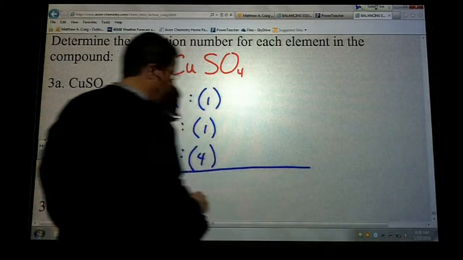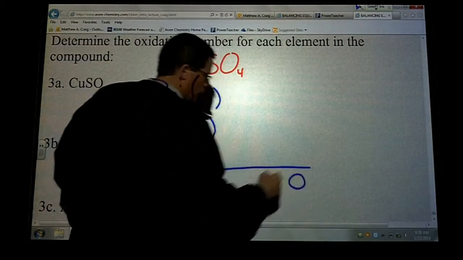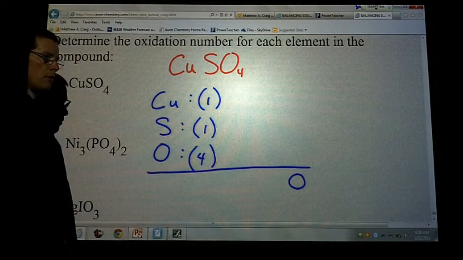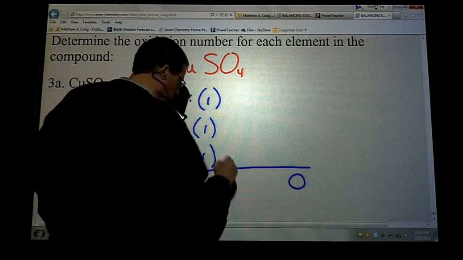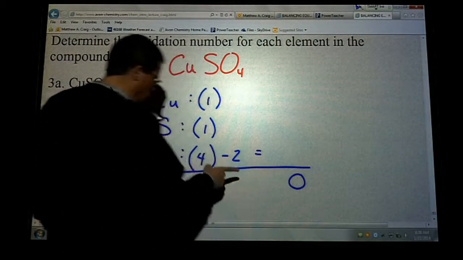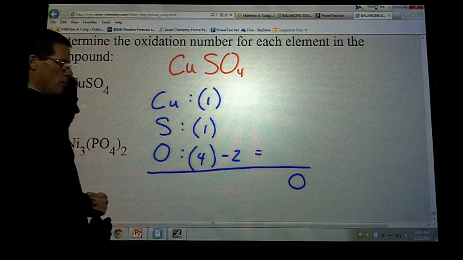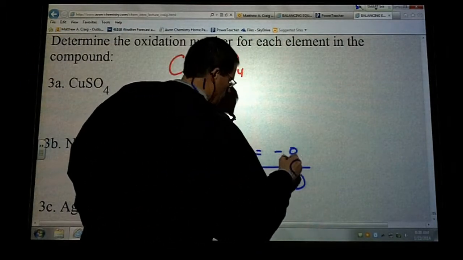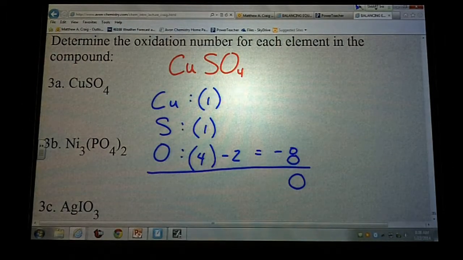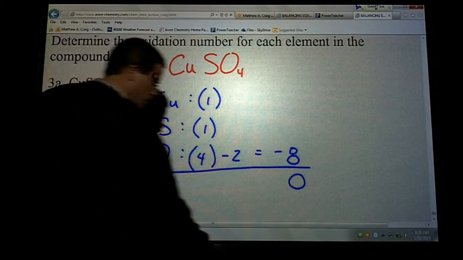And we know that all those have to add up to 0. What's the charge on oxygen? -2. So all the oxygens exhibit what charge? -8. All right, now it gets interesting, because copper can either be a +1 or a +2 charge. So in that scenario, what we need to do is look at our non-metal.